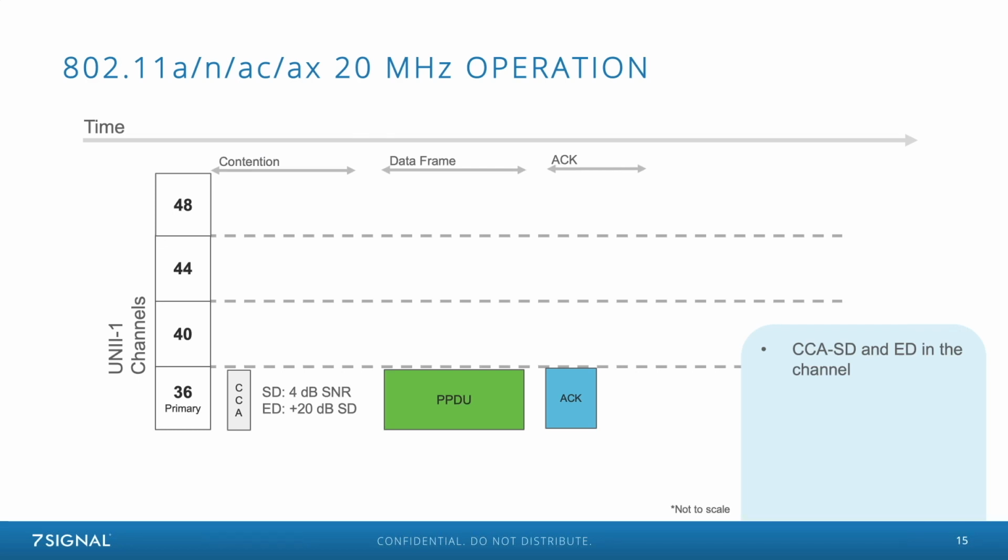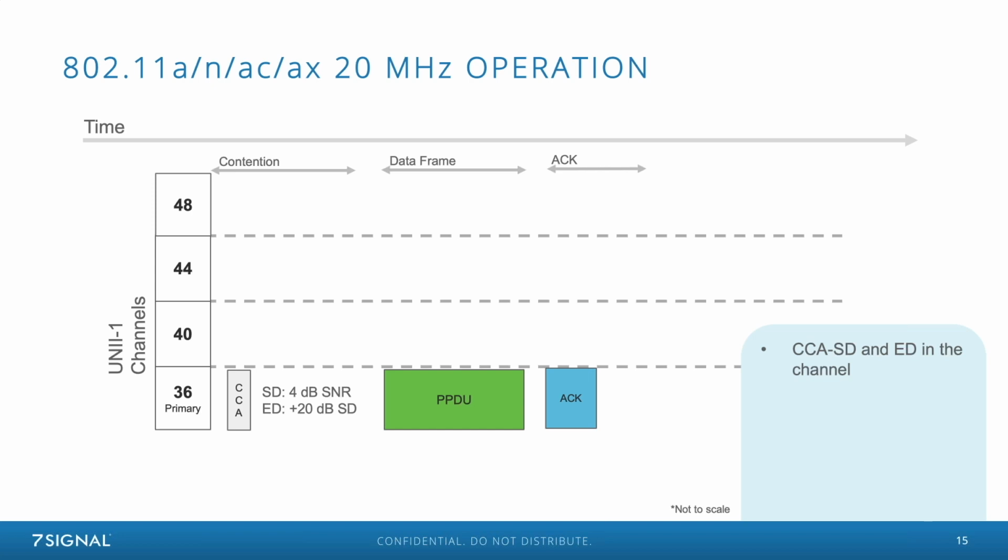So let's look at plain old everyday 20 megahertz CCA in the OFDM PHYs. It's pretty straightforward, like we talked about. We've got an AP operating on channel 36, and it does its CCA looking for signal detect at 4 dB above the noise floor, energy detect 20 dB above that.